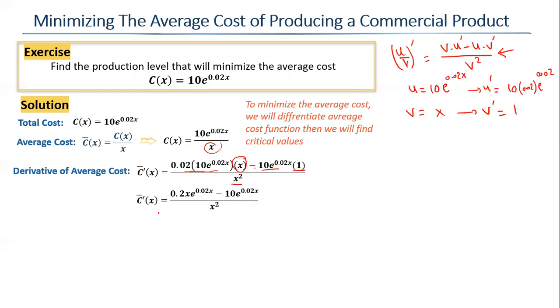Now we expand and simplify: 0.02x times e to the power 0.02x minus 1 times 10 e to the power 0.02x, over x squared. Now we can take a common factor, e to the power 0.02x.